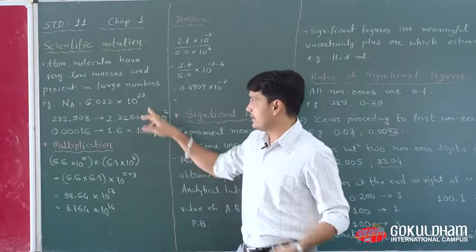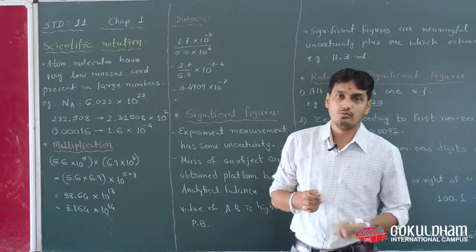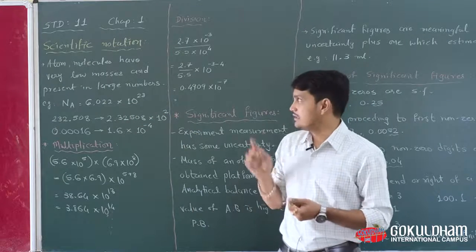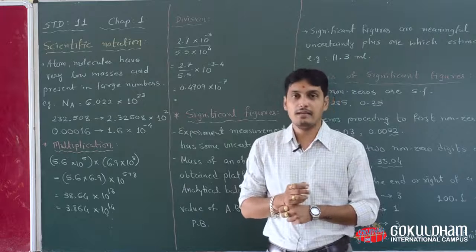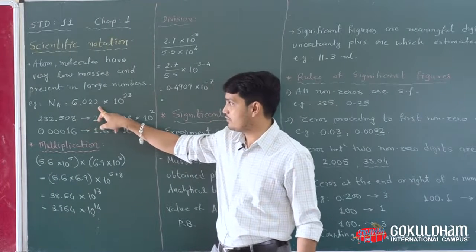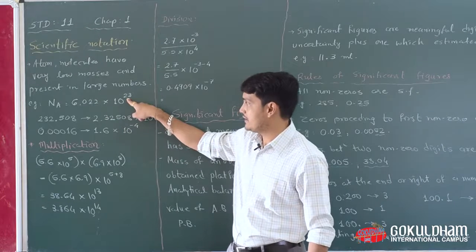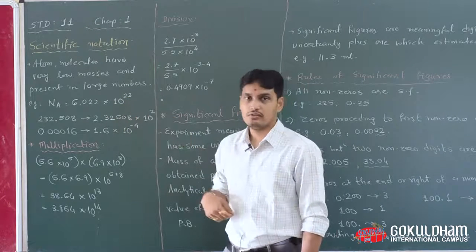Values containing majority zeros are very difficult to describe, so scientific notation helps us to write that value in an easy manner, as 6.022 into 10 raised to 23. This 23 is the exponent of 10.